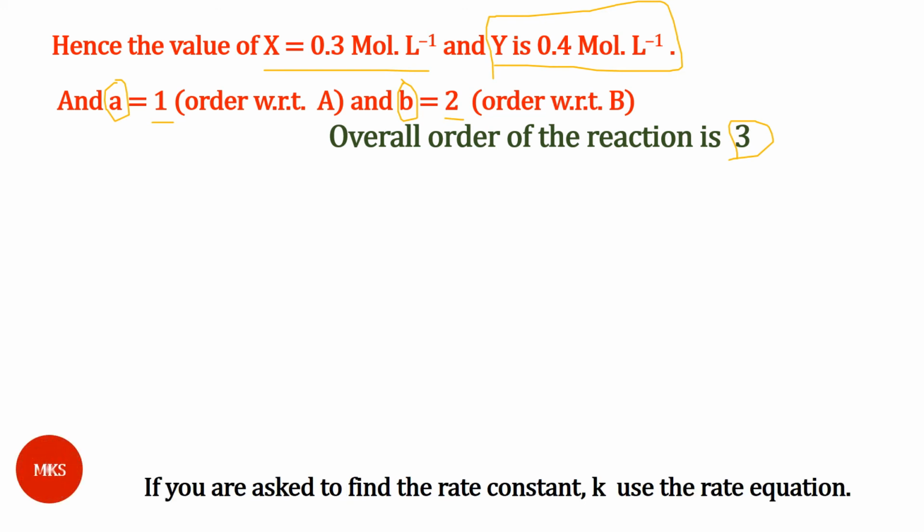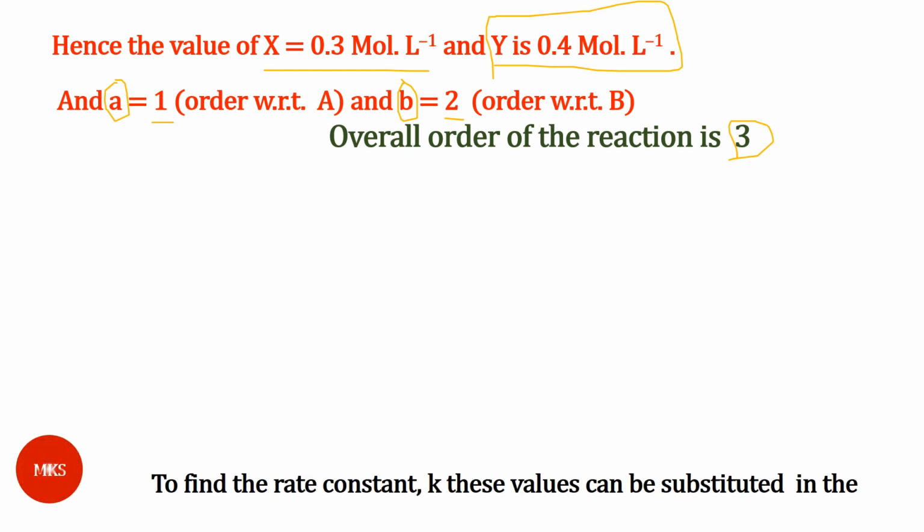Suppose you are asked to find the rate constant K, use the rate equation again, because in this problem we discussed the order of the reaction and the concentrations of the reactants.